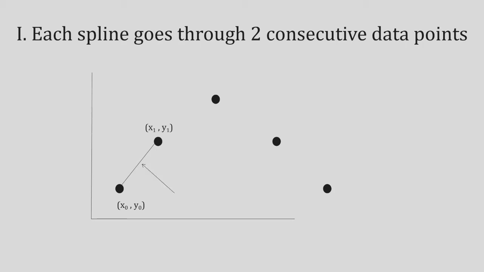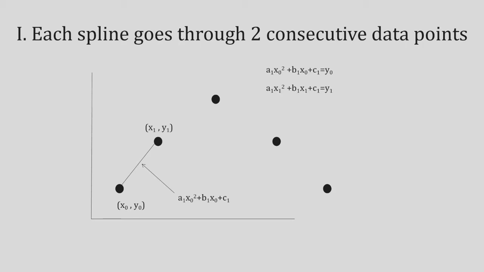Now here we have a sub 1 x naught squared plus b1 x naught plus c1. So those are the data points that we have. So we can see that this particular spline is going through these 2 consecutive data points, and that means a sub 1 x naught squared plus b1 x naught plus c sub 1 is always equal to y naught.